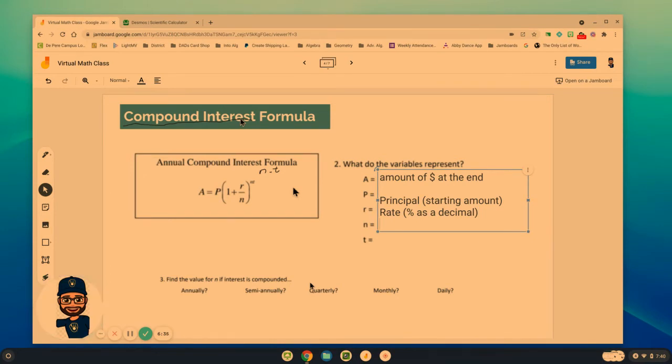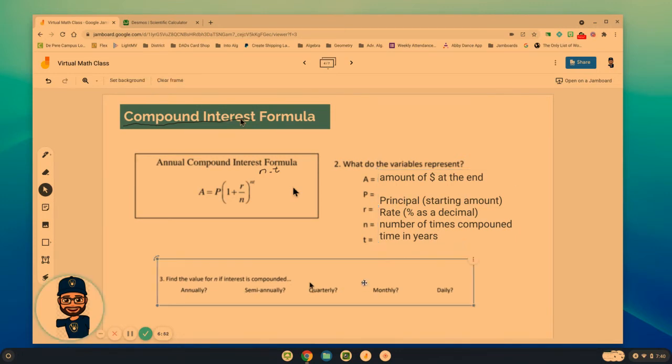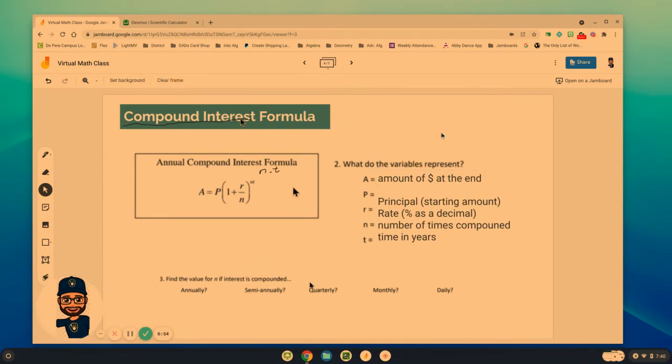N is the number of times compounded. How many times are they giving you interest? And T is time in years. How long are they giving you this interest for? So make sure you understand what those different values stand for. This is our ending amount, our principal or our starting value. R is the rate. N is the number of times you get the compounded interest. And T is still how many years.